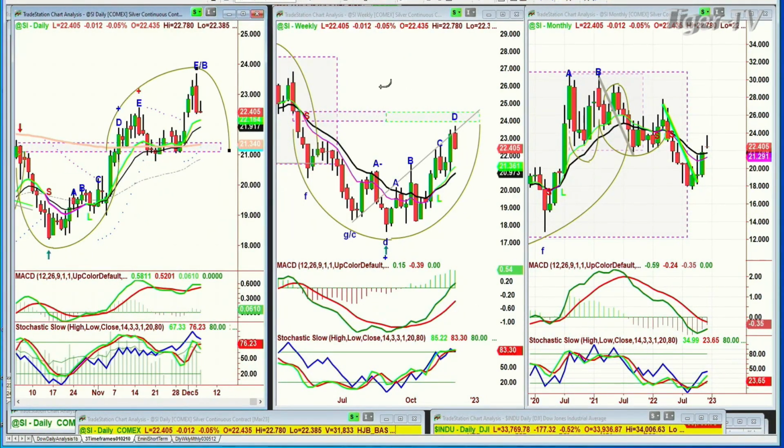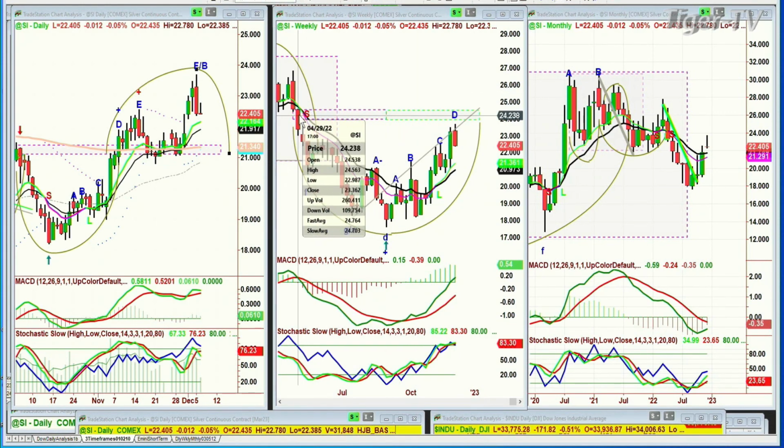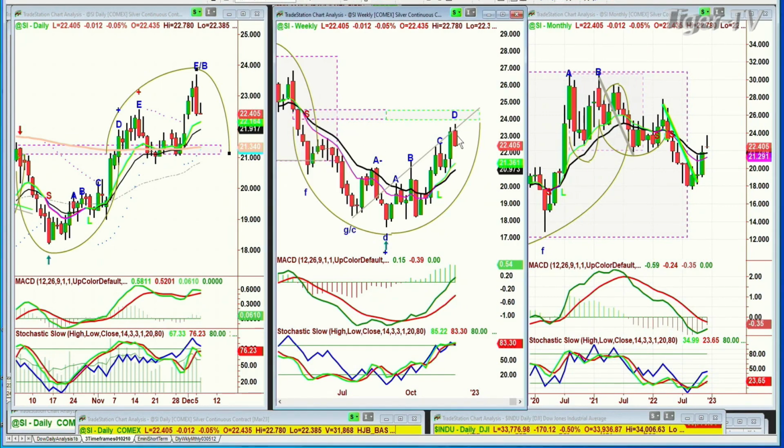We had a left side, right side price time match, bar symmetry, which said that by the week of the 13th of January, this high that was made, not the high that was made on the 22nd of April, the week of the 22nd at 26.81 in the continuous contract, but the high that was made on the 29th at 24.56. That's an upside target, got a few weeks to go. And so far that's in place.